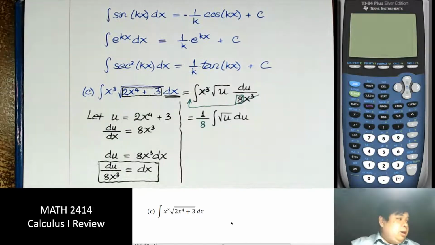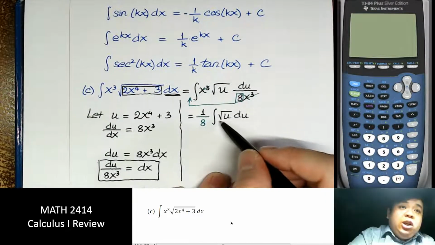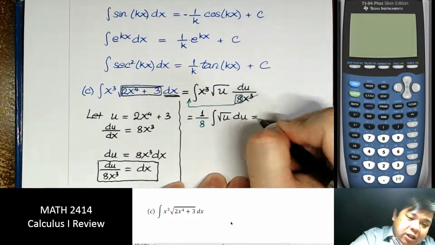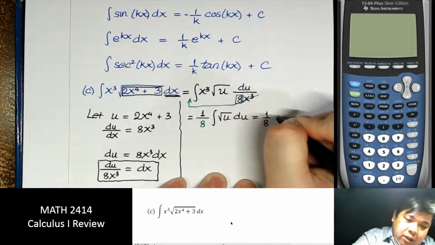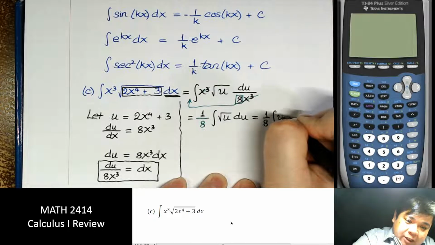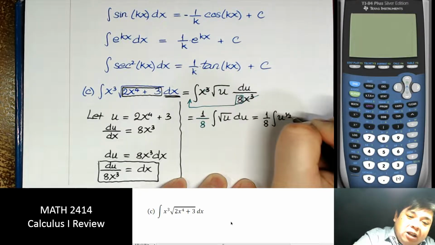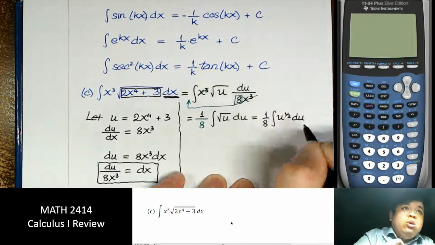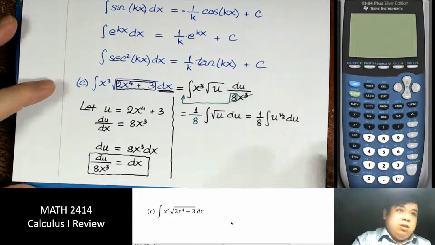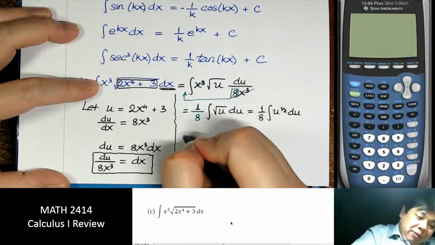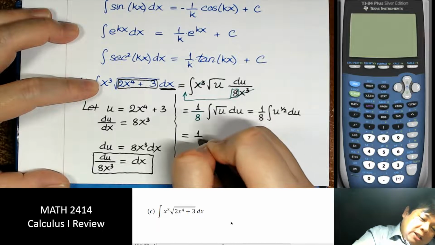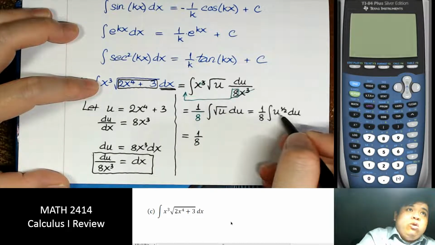To integrate the square root of u, we can write u to the 1/2 instead, because we can use the power rule when we have the power. So we have 1/8 times that.